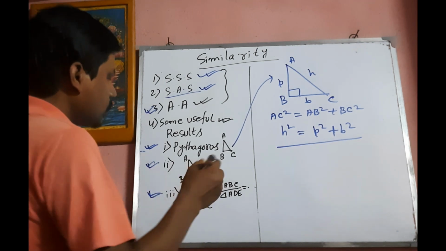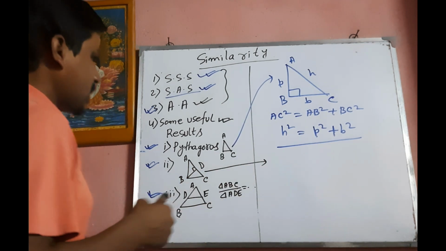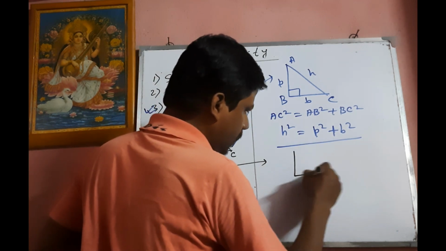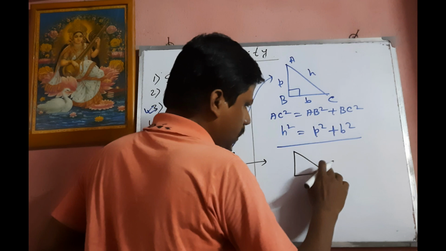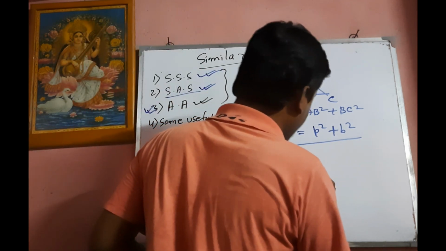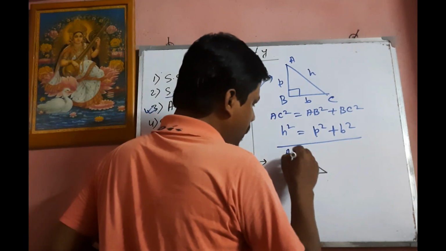Now the second result we are discussing. Suppose a triangle with this angle 90 degrees, and put the name ABC.